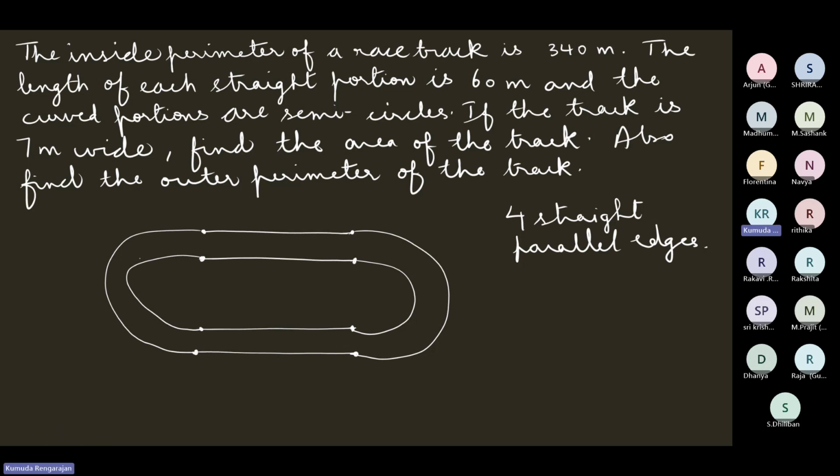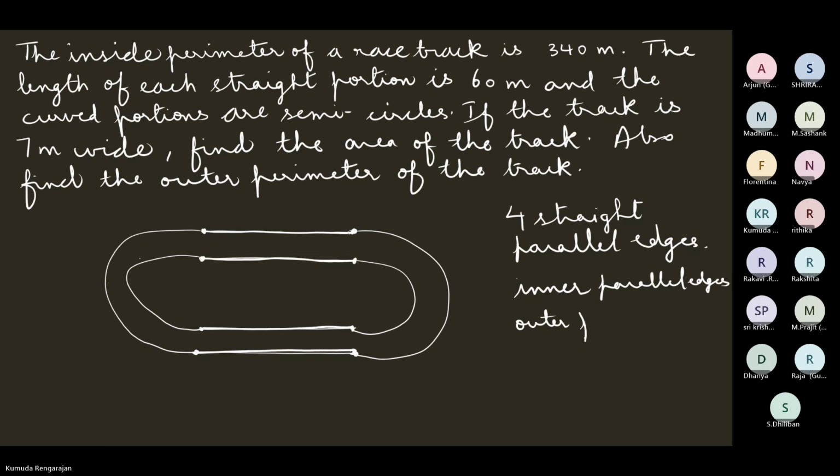Now, of these 4 straight parallel edges, these two, this one and this one, are called the inner parallel edges. And these 2 are called the outer parallel edges.